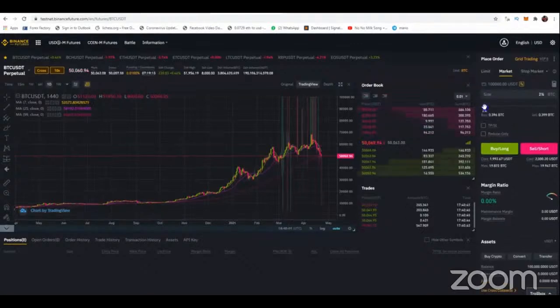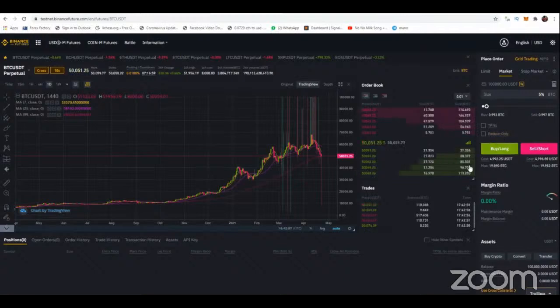So for instance, you are risking 5% of your account, and that 5% is equivalent to roughly 1 Bitcoin, and we are only going to pay around $5,000 for that. This wouldn't have been so if our account was not leveraged. If our account is not leveraged, we'd be paying $50,000 for 1 Bitcoin.